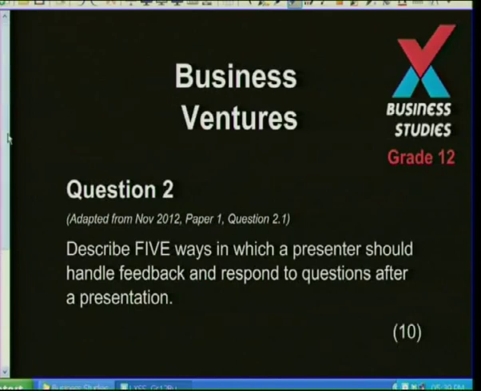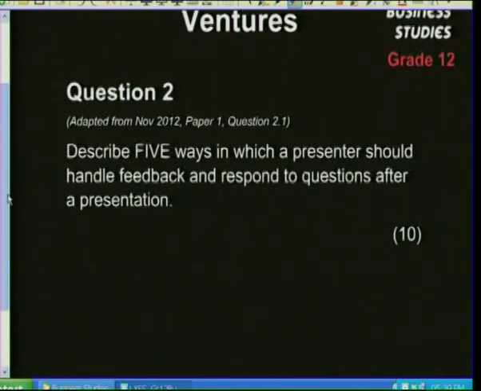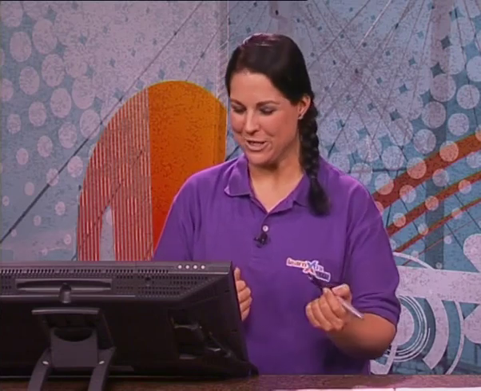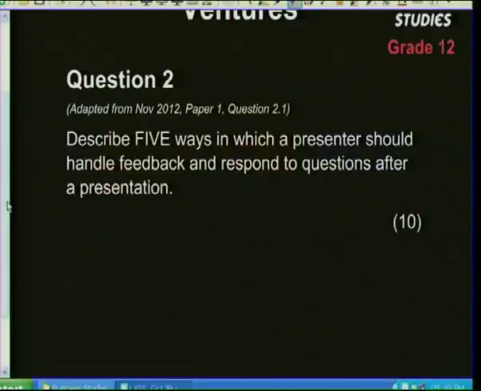Question number 2. Now this is quite a long answer and we're going to discuss it a little bit, but let's read the question. It says, describe 5 ways in which a presenter should handle feedback and respond to questions after a presentation. Now, firstly, you need to see that this is for 10 marks. And I actually say describe 5.